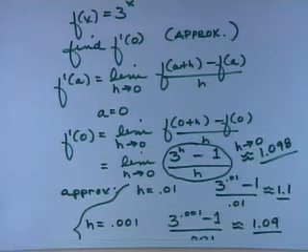So if we don't have an algebraic way to substitute, then just plug in values for h that get smaller and smaller and see what you get. At this point in time, we don't have any other way to handle 3 to the h minus 1 all over h as h approaches 0.